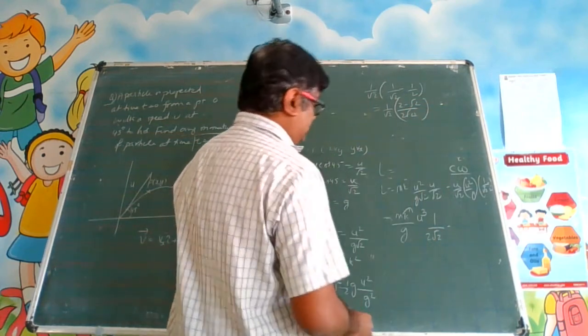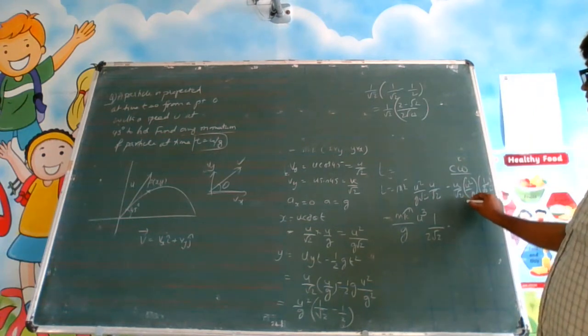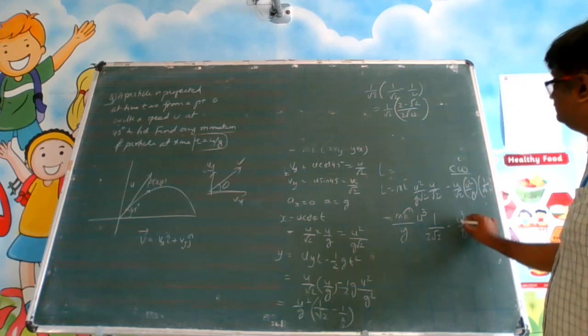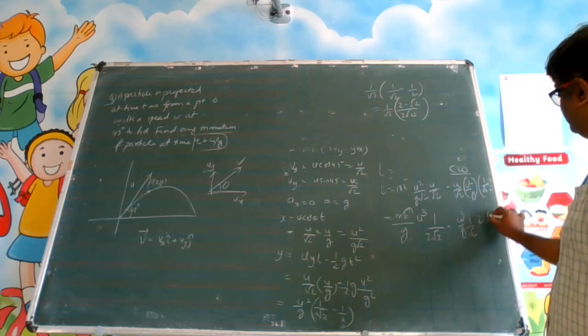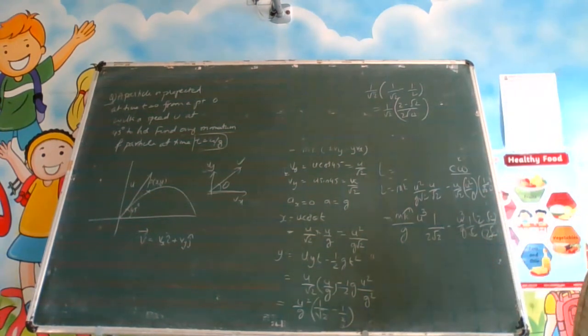Okay? So here you are getting u cube. There is already a root 2. Now we have considered that root 2 also. You are getting u cube by g, and you got 1 by root 2, 2 minus root 2 divided by 2 root 2. Alright?